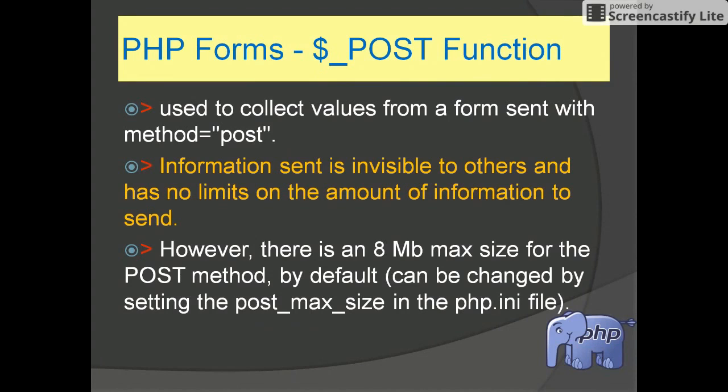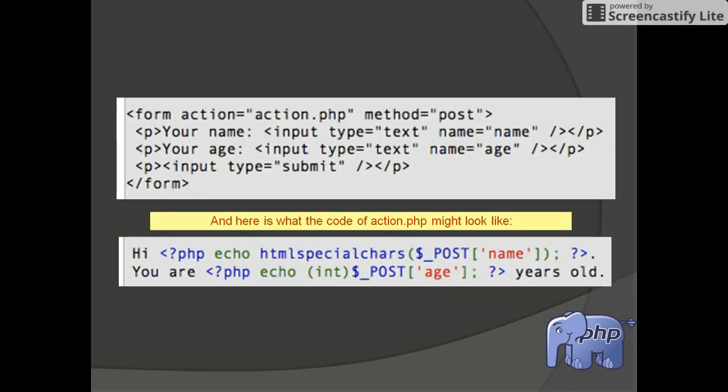So there comes the POST method. In the POST method, the information is not visible in the URL, and the size of the information transferred via this method is up to 8 MB, but we can increase its size with the php.ini file, in the post_max_size variable. Its use case is similar to GET, nothing is different.